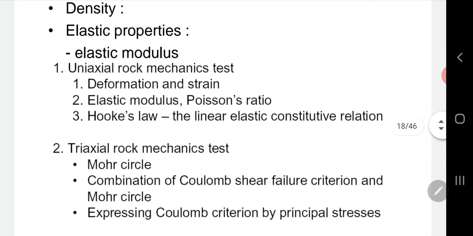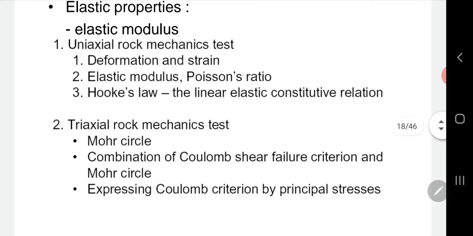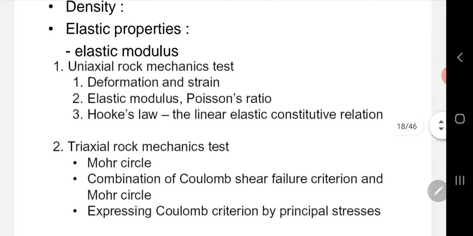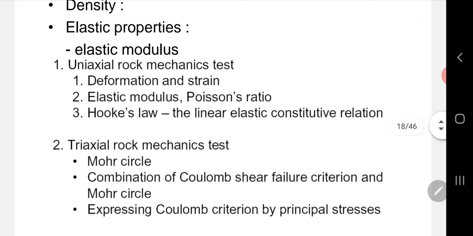And we need to discuss elastic properties. This is the test that you can do under uniaxial compressive stress. When you do the uniaxial compressive test, we get the relationship, and from the relationship we can create a lot more equations for you to understand the mechanic properties of the sample.